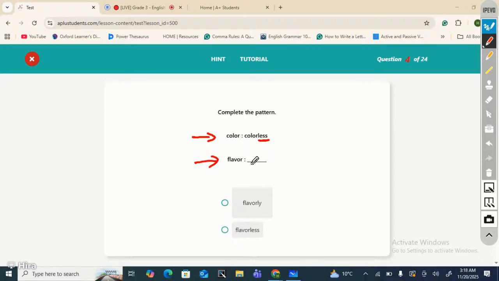Now we have to find a word which is the opposite of flavor, and that is flavorless, because the suffix less means without. Flavorless, without flavor. So it's the opposite of flavor. So this word pattern analogy holds the relationship of antonyms.